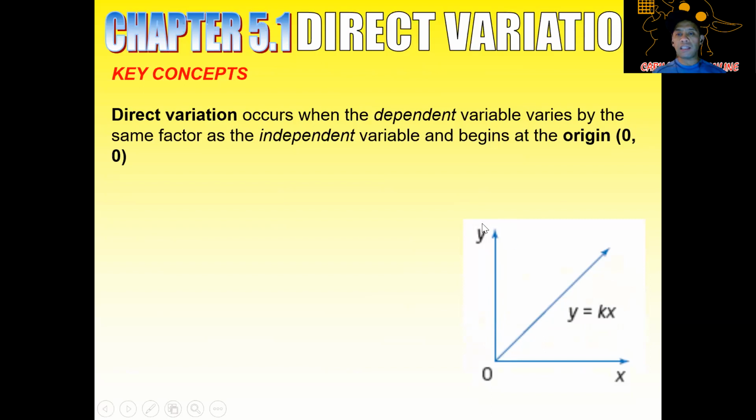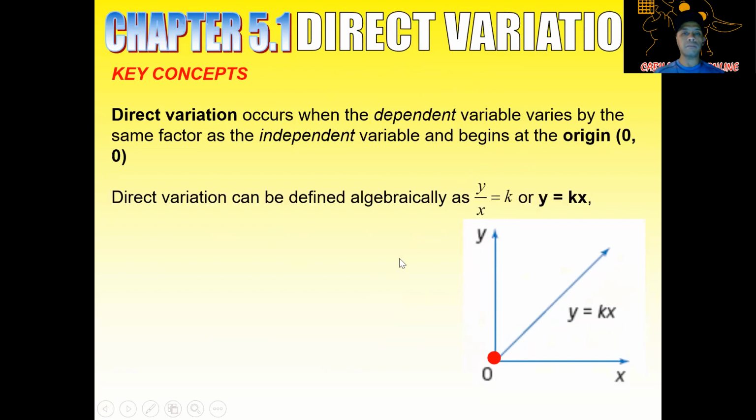If you take a look at the example on the screen, you notice we have a line that's going up to the right, and it starts at 0, which I've indicated there with a red dot. All the types of graphs that deal with direct variation always start or pass through the point (0, 0). So that's an important characteristic of equations dealing with direct variation.